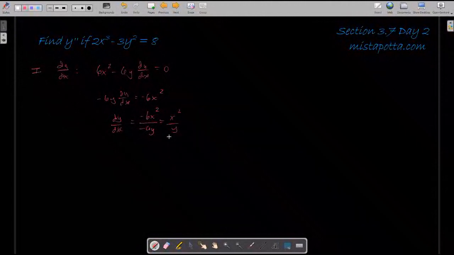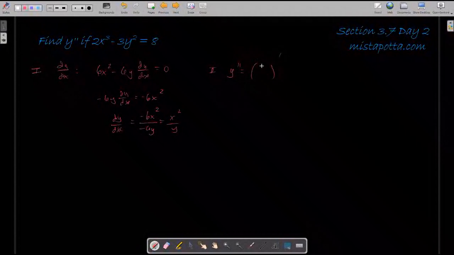And this is important because in step 2, to find the second derivative, I'm going to take the derivative of this expression. So y double prime is going to be equal to the derivative of x squared over y. And in order to take this derivative, I have to use the quotient rule.